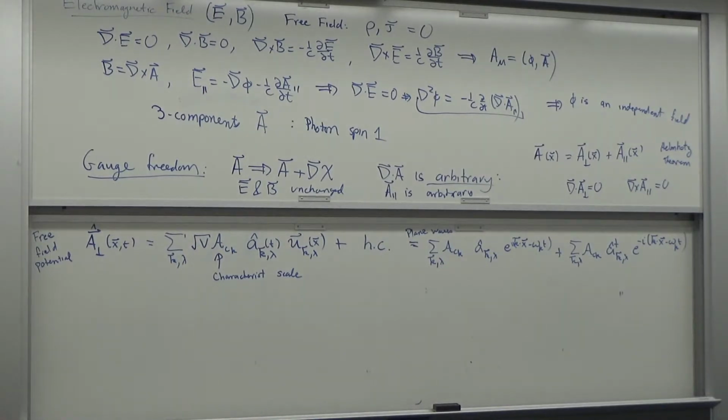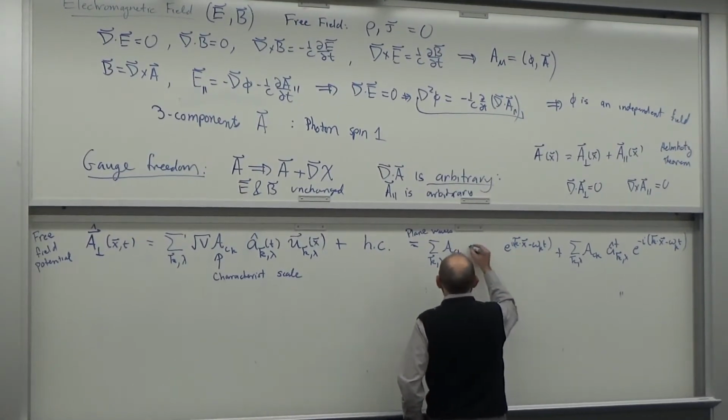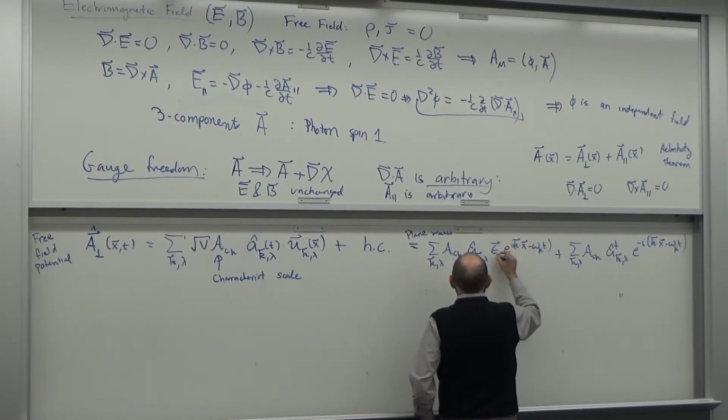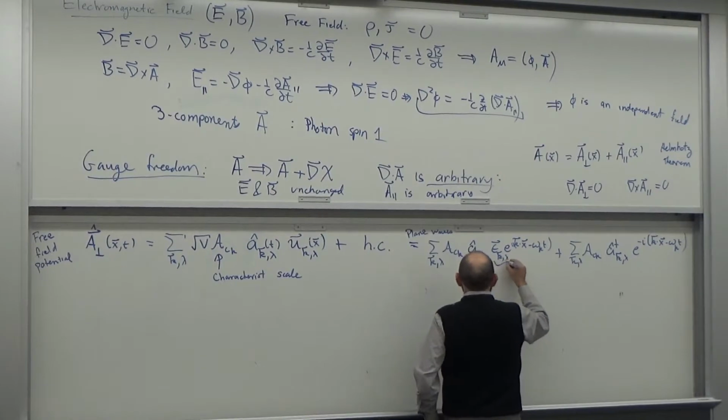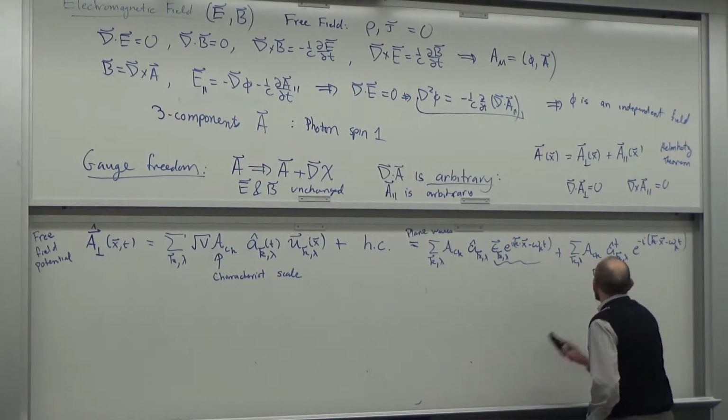Voila! That is the quantized vector potential for transverse fields. Oh, we forgot one thing, the polarization. So I create a particle, a photon in this case, with that mode function. And then I have on this side the conjugate.